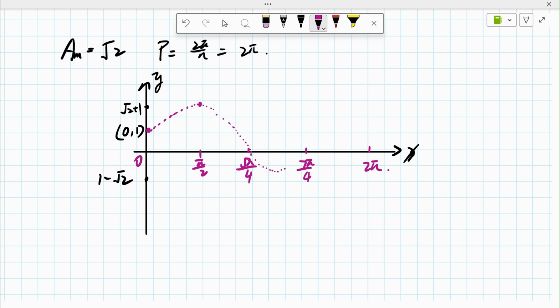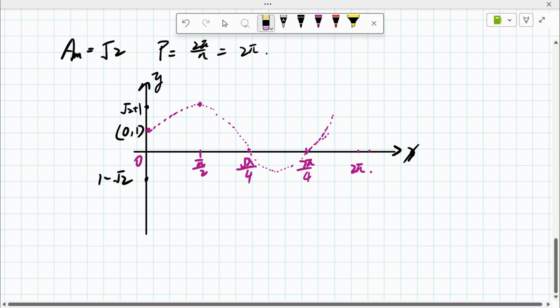Clearly that will come back down here. So 2 pi will be, sorry, that's a bad drawing. Sorry about that drawing, we're going to fix it.